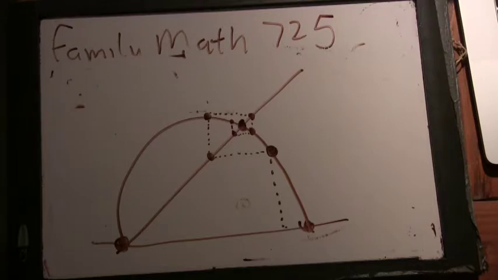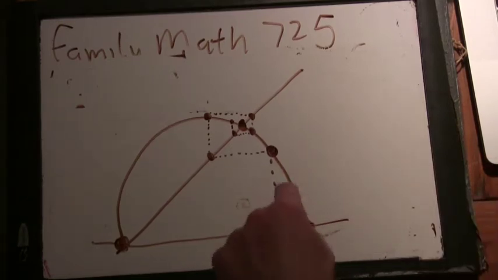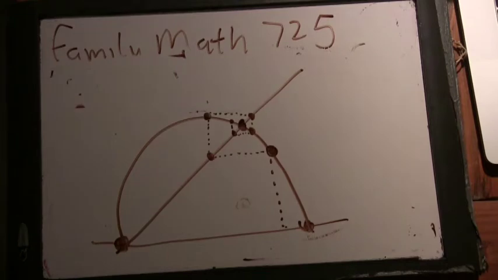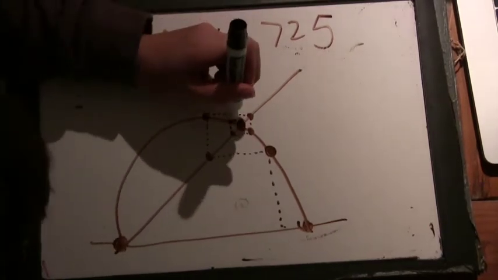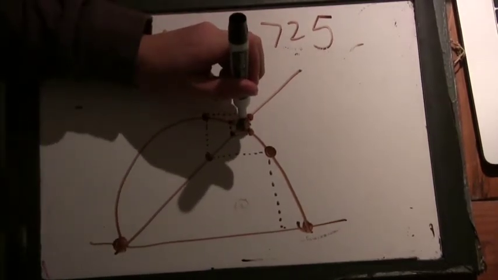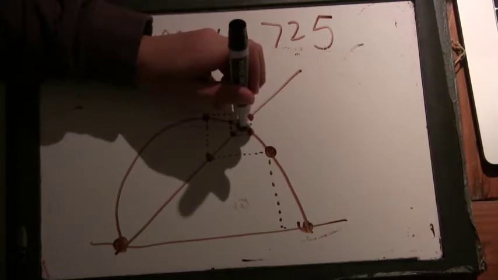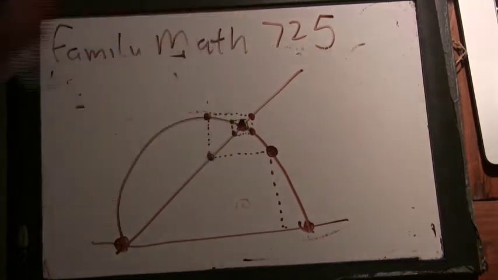We didn't know anything about what this root was. We could just look at it and get near it, but we didn't know for sure. But we did this amazing iteration process. You just go over, then down, then over to here, then up, and just spiral in.